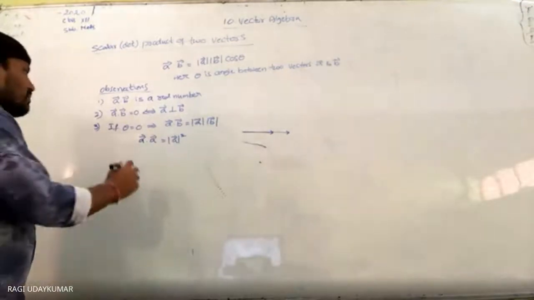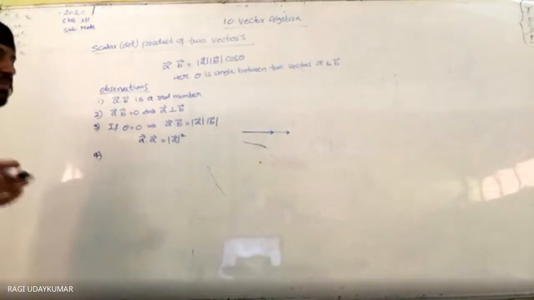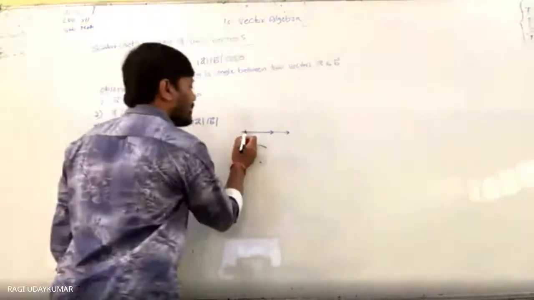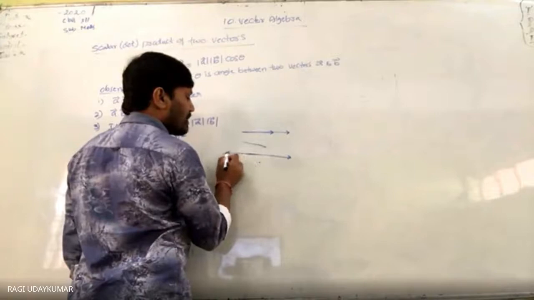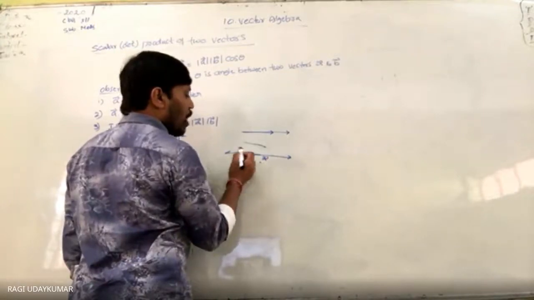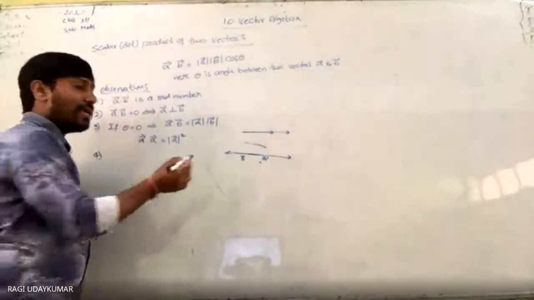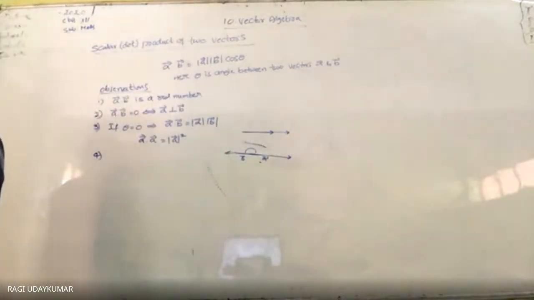And in case the angle between the two vectors is pi, it means they are in opposite direction. Suppose this is the A vector and this is the B vector in the opposite direction. The angle between them is pi radians or 180 degrees.